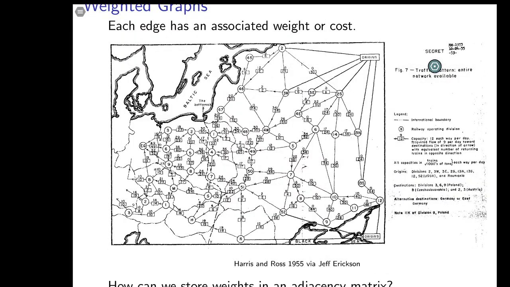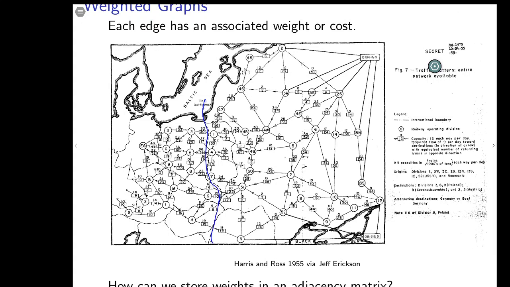And so one of the first... This is a graph that was used to decide where the Air Force should bomb to shut down the transport of supplies from the interior of Russia to the Western Front in case of a war. It's the RAND Corporation. They figured out what this cut is, that dotted line that goes through there.